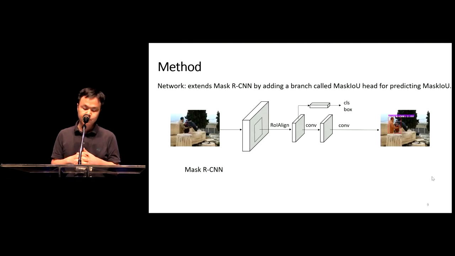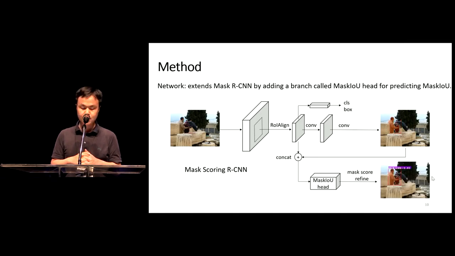So our method is very simple. We extend Mask R-CNN by adding a branch termed the mask IoU head for predicting the mask IoU. The following figure shows the network of Mask R-CNN, and our Mask Scoring R-CNN adds another branch.